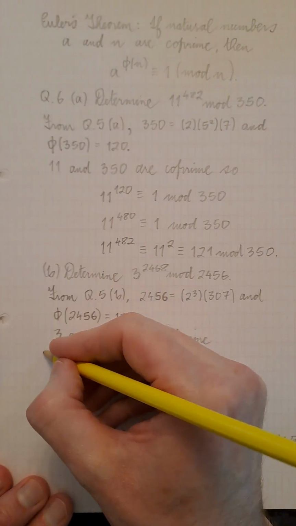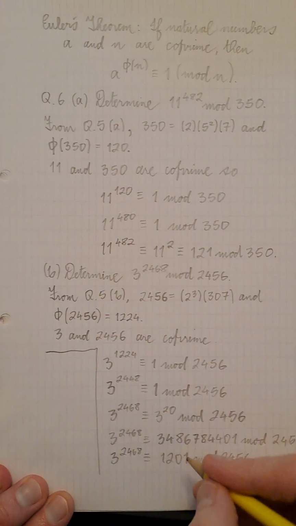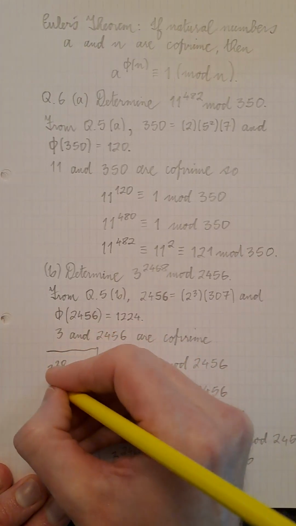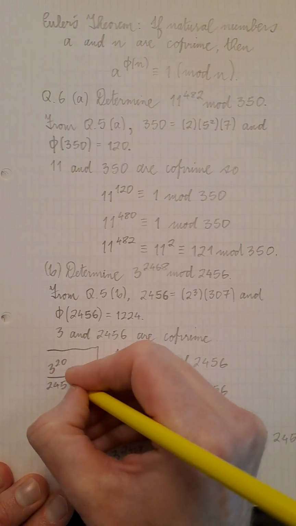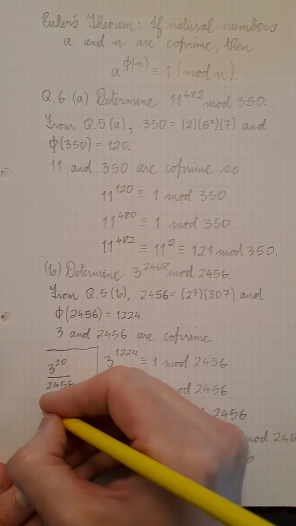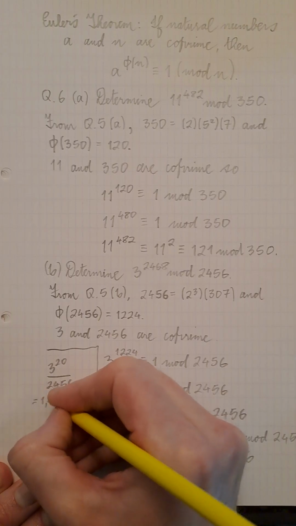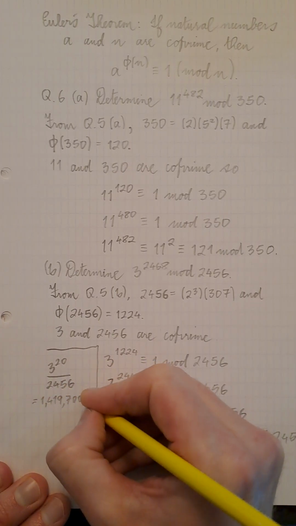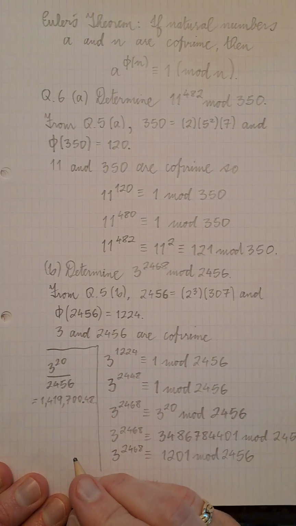Just a comment on that. On your calculator, when you divide this enormous number, so this is 3 to the power of 20 divided by 2456, the answer is 1,419,700.48, and there's a decimal after that.